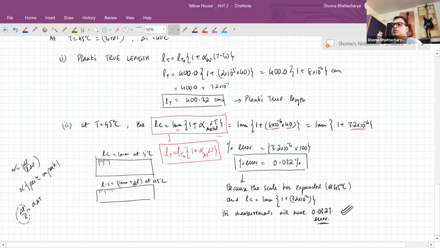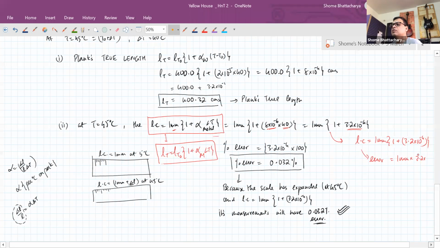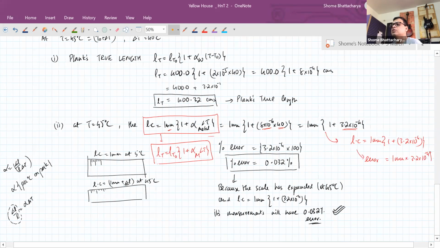So you can see that what was supposed to be 1 millimeter, the least count, has now become 1 millimeter into 1 plus 3.2 into 10 raised power minus 4. So the error has become 1 millimeter into 3.2 into 10 raised power minus 4, because the least count has increased by a factor of this much.